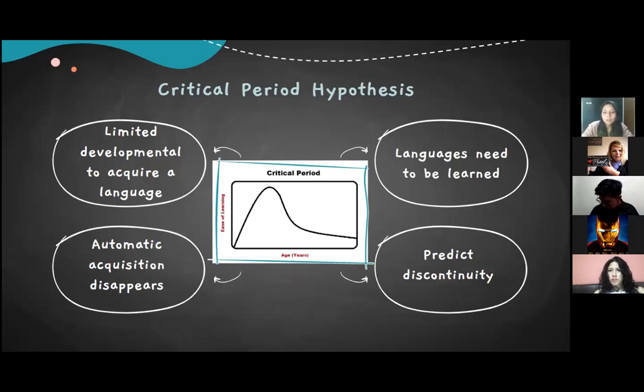This critical period predicts discontinuity, and it is abrupt. It says that there is an age-related point beyond which it is most difficult or impossible to learn a second language to the same degree as native speakers of that language.